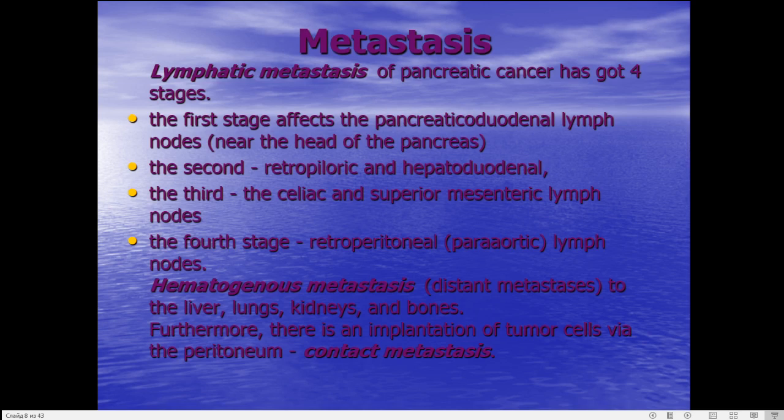The second stage affects the retropyloric and hepatoduodenal lymph nodes. The third stage, the celiac and superior mesenteric lymph nodes.